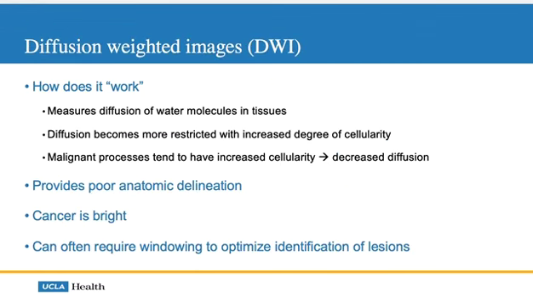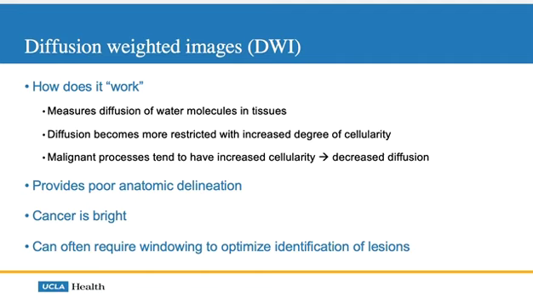So let's move on to some of the other very important sequences here. We'll start with diffusion-weighted imaging. That's the next sequence. So what is diffusion-weighted imaging? The way that diffusion works is that it measures the ability of water molecules to diffuse throughout tissues. And the diffusion of these water molecules becomes more restricted when there is an increased degree of cellularity within the tissues.